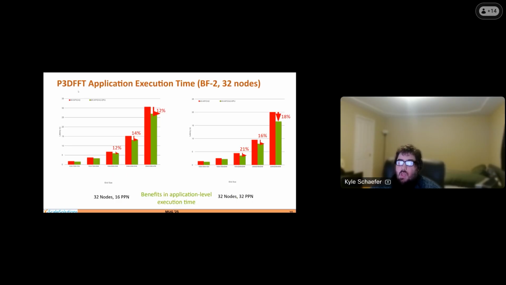As you can see, the baseline MVAPICH2 library doesn't get very good overlap with communication, whereas the MVAPICH2-DPU enhanced library often gets as much overlap as there is to get with the computation. So if there's enough computation, you can get 100% overlap potentially. And it's very consistent across the message sizes and scales.